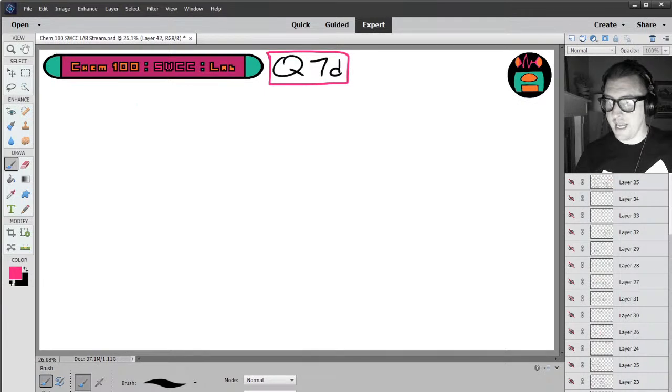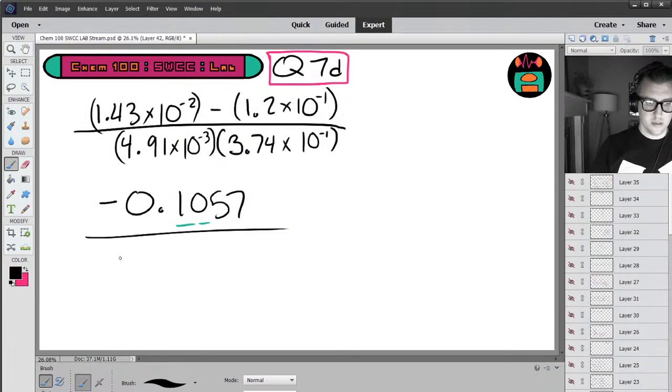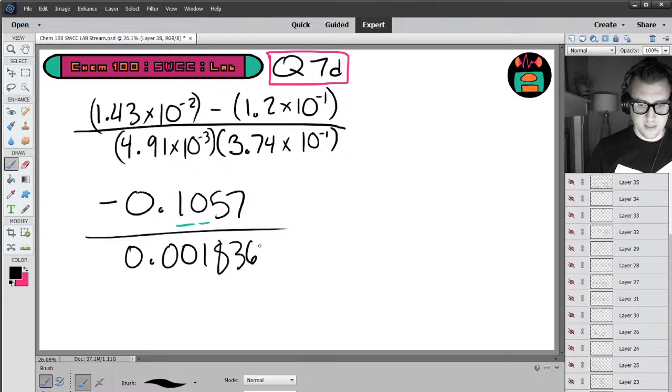All right, that is step 2. Let's go ahead and take this back. 0.00183634. Now we can evaluate. We got 0.1057. Oh, sorry, before we go, we got 3 sig figs in our denominator.